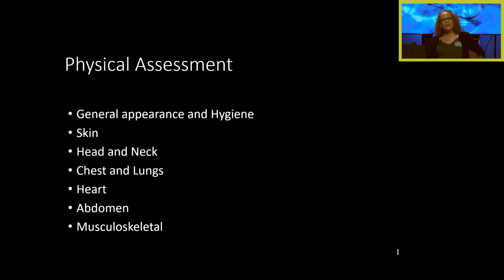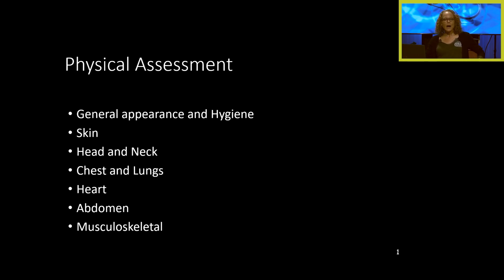When we gather data using physical assessment techniques, there are a variety of ways in which we gather that data. For example, when we listen with our stethoscope, we call that auscultation, whether we're listening to the heart or to the bowel tones.